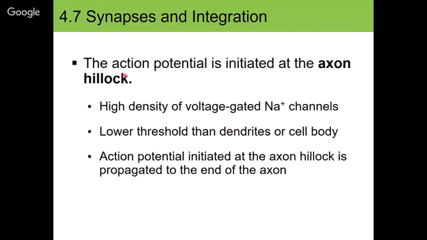So we've talked about synapses and how electrical charge flows along the axon of one neuron, and then synapses chemically into the dendrites and cell body of another neuron.